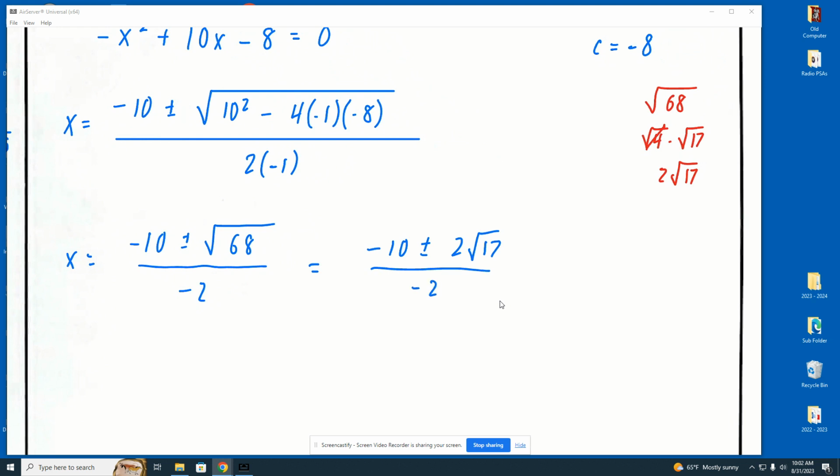So look at my parts here. Is that negative 10 divisible by negative 2? Is this 2 divisible by that negative 2? So we're going to go ahead and simplify the whole thing, and we'll be done. What is negative 10 divided by negative 2? So that took care of the negative with the 10.